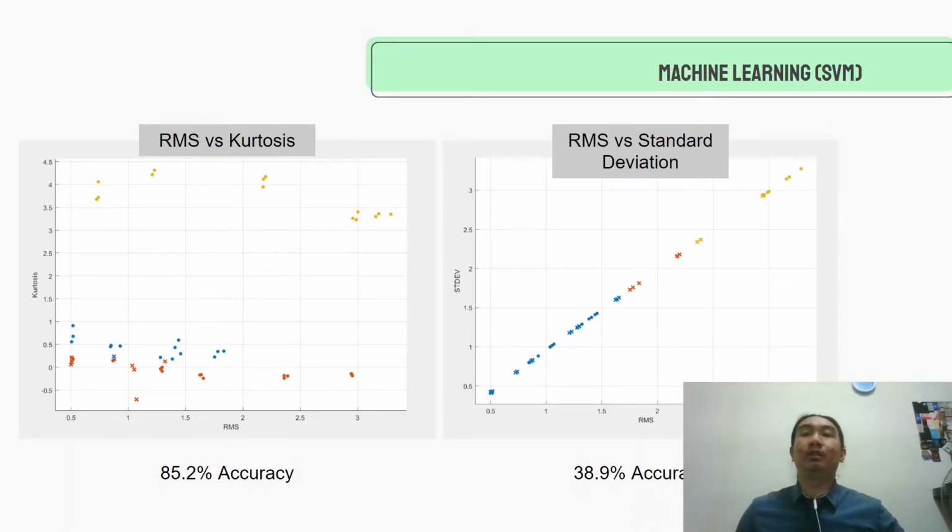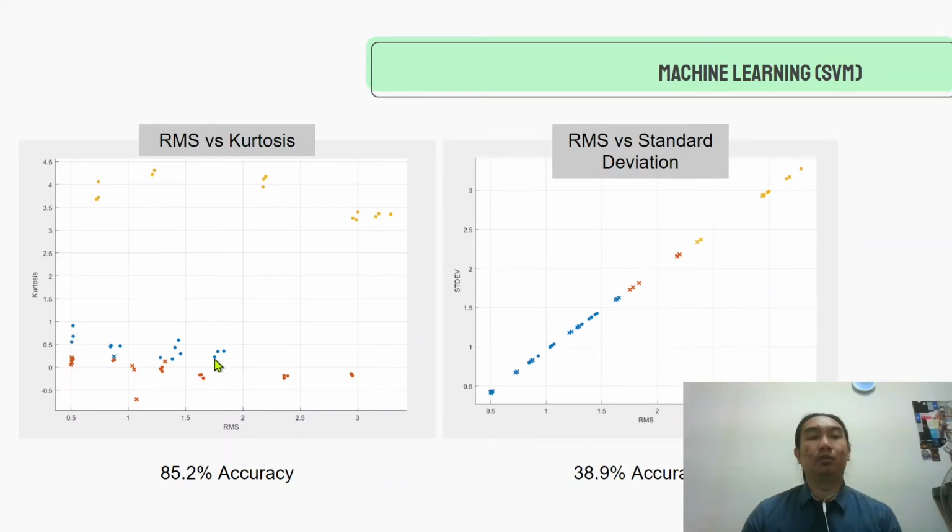Then we move on to the machine learning, which is SVM, support vector machine. This shows the groups for the SVM. The yellow is for the normal belt, the orange is for the tooth belt, and the blue one is for the fault tooth belt.